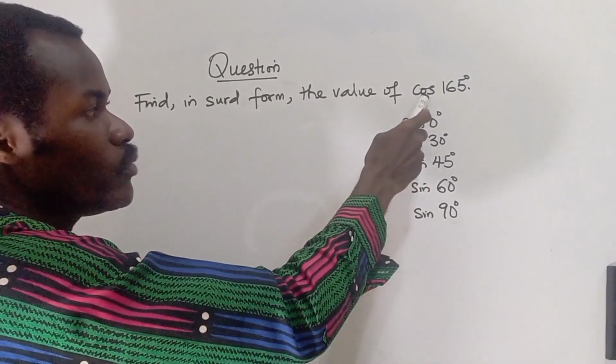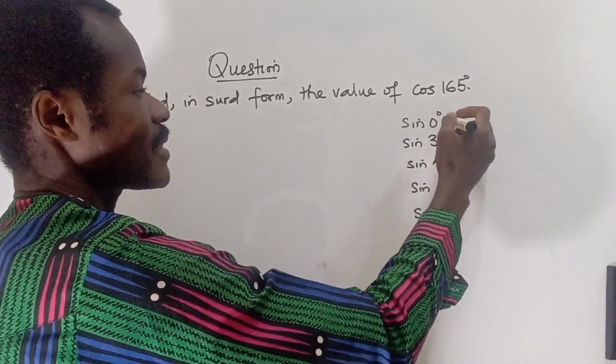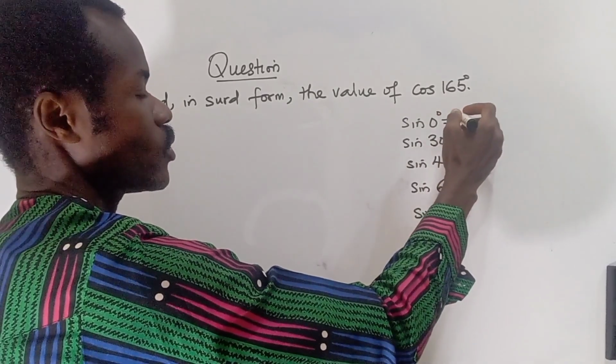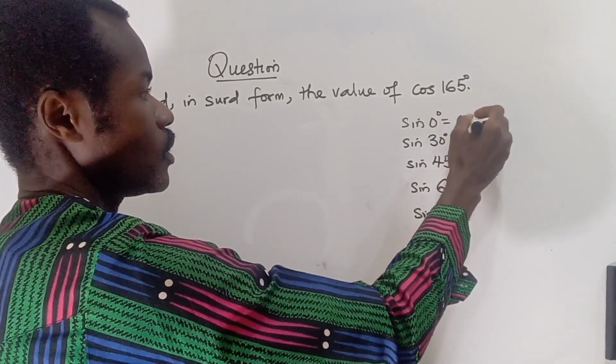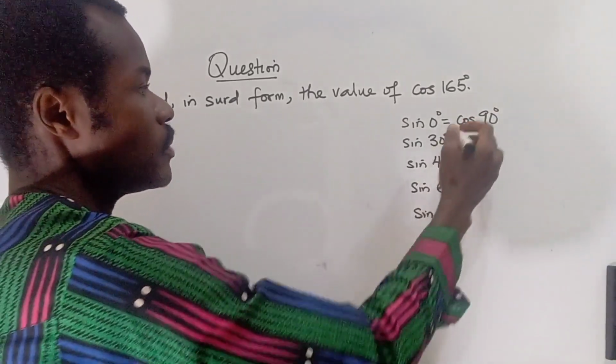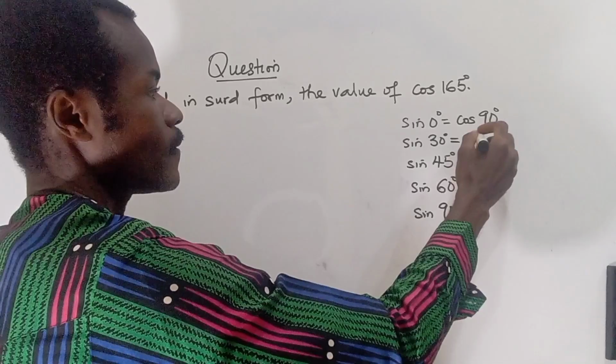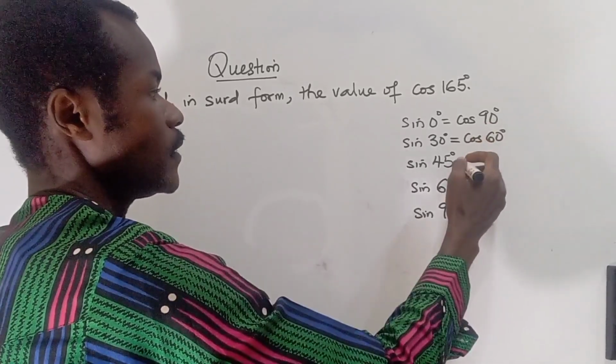But remember, we are dealing with cos. So since we are dealing with cos, remember our sine 0 degree also means our cos 90 degree. Sine 30 degree also means our cos 60 degree.